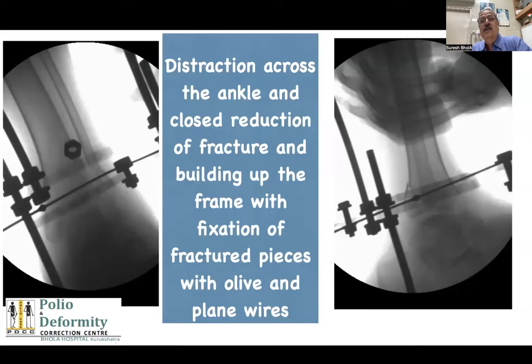I just dissected across the ankle, and closed reduction of the fracture was done, and the frame was built up. Fixation of the fractured pieces with olive wires and plain wires was done.